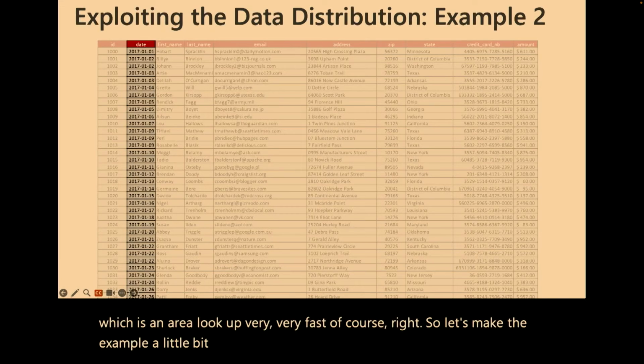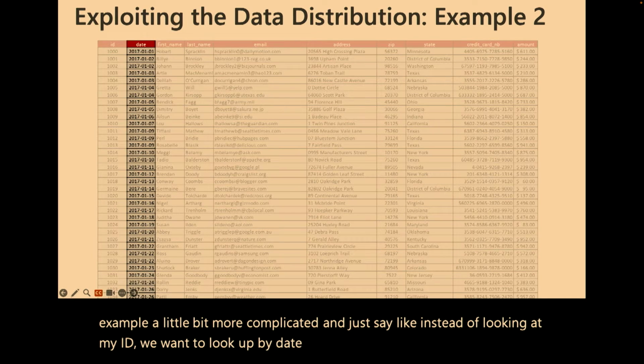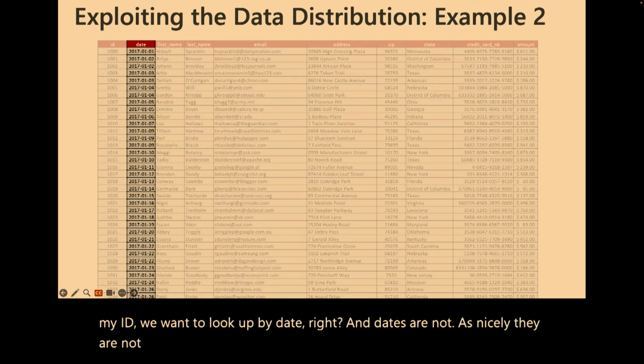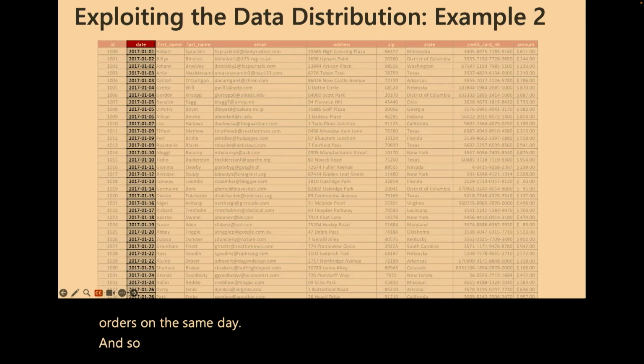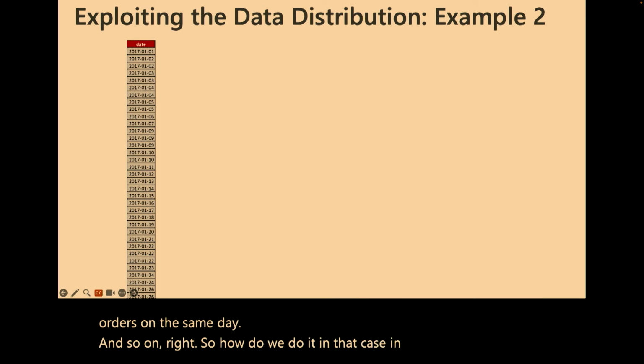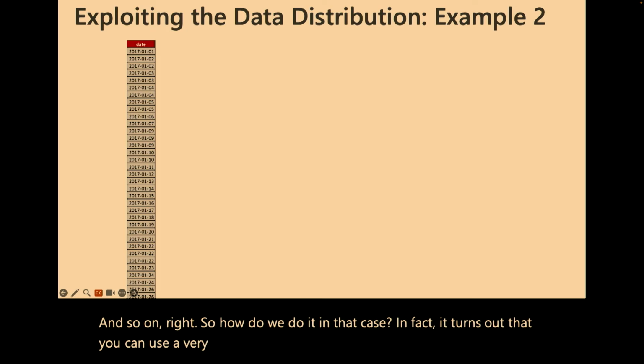So let's make the example a little bit more complicated and say, instead of looking up by ID, we want to look up by date. And dates are not as nice. They are not just increments. They might be distributed; we have several orders on the same day, and so on. So how do we do it in that case? In fact, it turns out that you can use a very similar idea, but now the model comes into play.